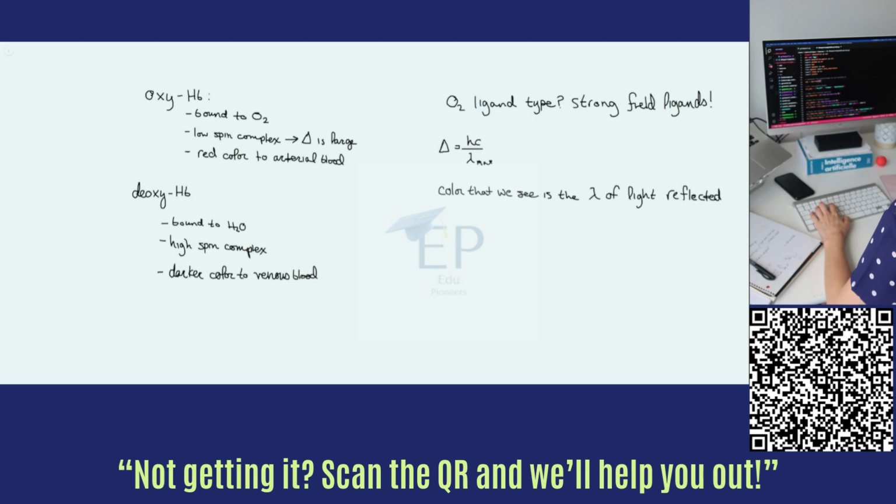And so a smaller wavelength of light, such as blue, is absorbed, and it reflects larger wavelengths, such as red. All right.